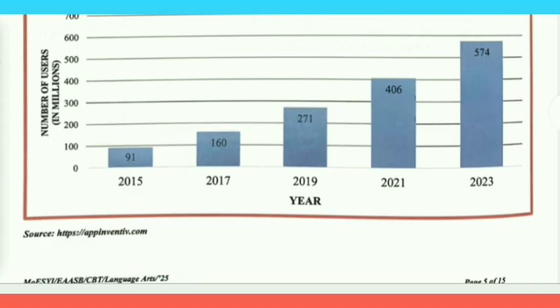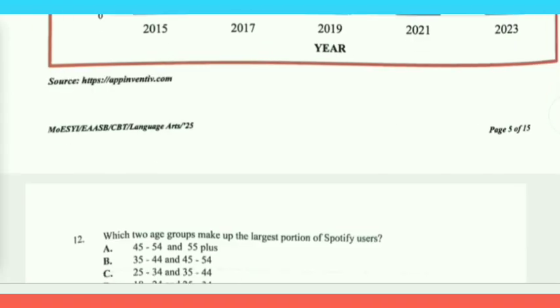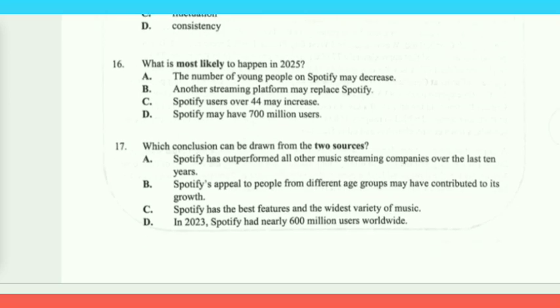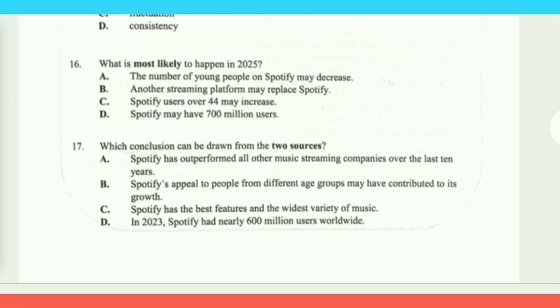If we're at 574 million by 2023, remember I told you that a year is missing between each of them. By 2024, it's going to be 6 million something. So we're pretty close to 700 million, I would imagine, by 2025. The answer is D. That's the most appropriate response right here.